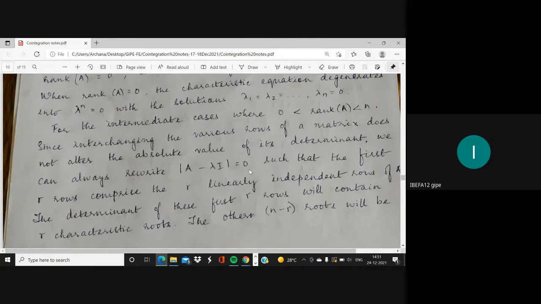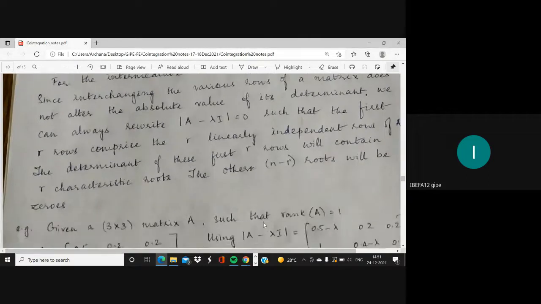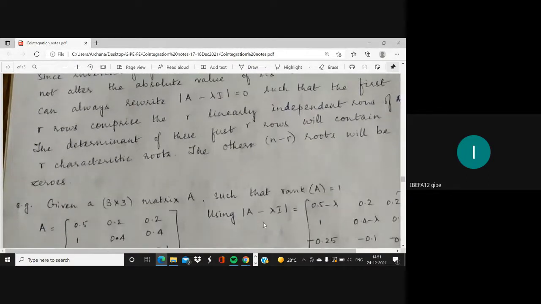So you'll basically arrange the rows of your matrix in such a way that the first R rows, or the top portion of your matrix, has all the linearly independent rows. So the determinant of these first R rows will contain the R characteristic roots. The other n minus R roots will be zeros in that case.